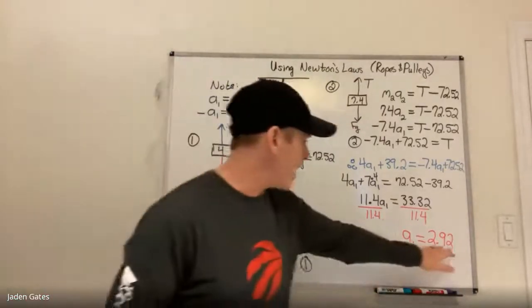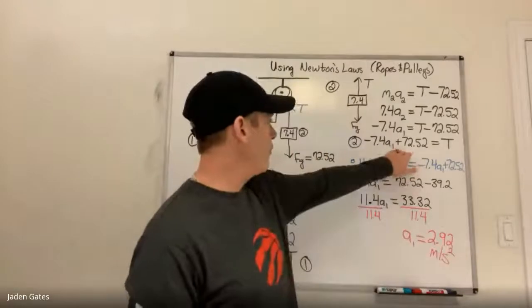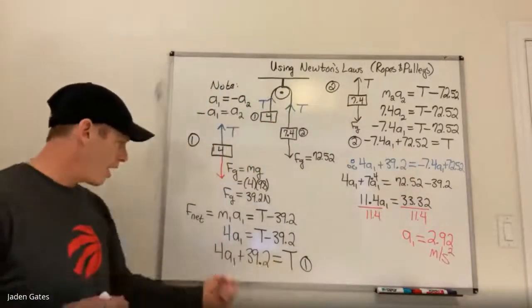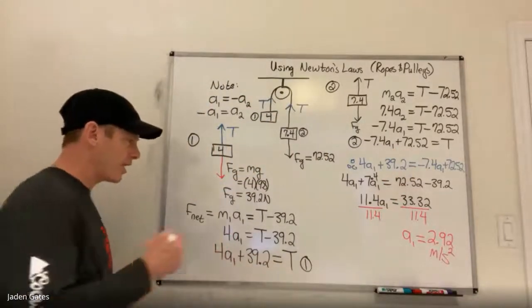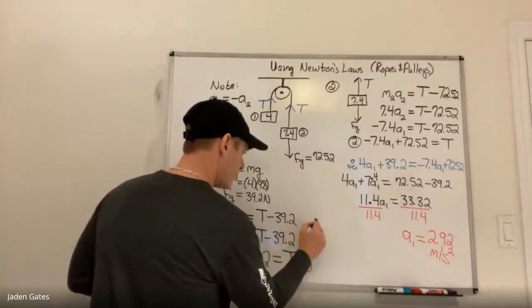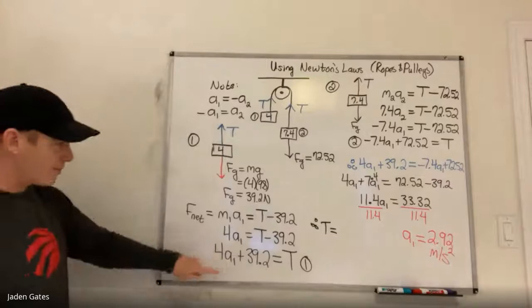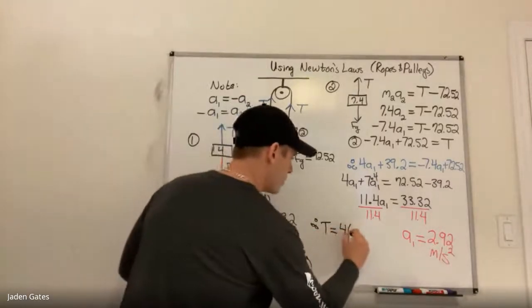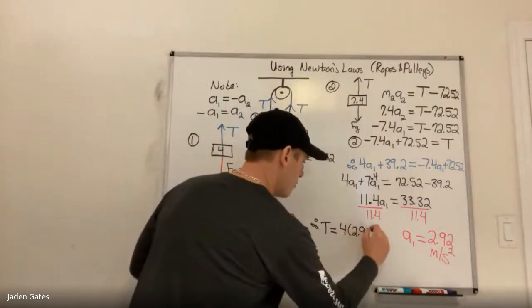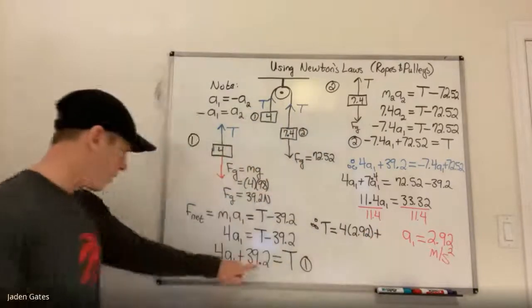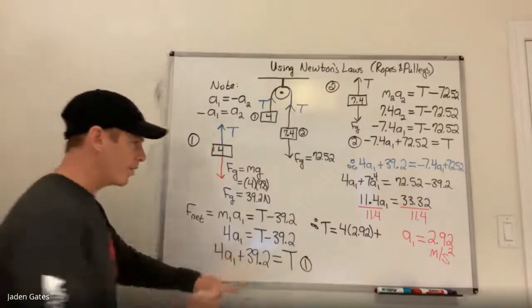Well, I have my A1 here. I have two formulas that I could use. I'm going to go with the first one here because there's no negative signs. So therefore, in this case, T is equal to 4 times A1, which is just 4 times 2.92 plus the 39.2.